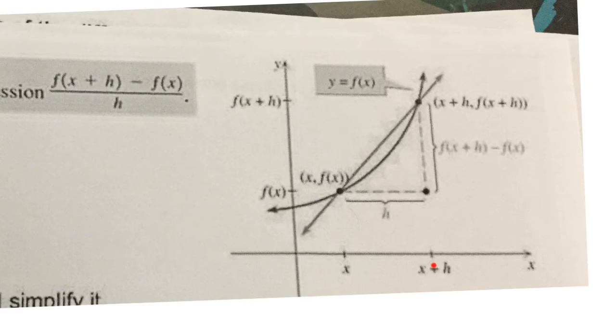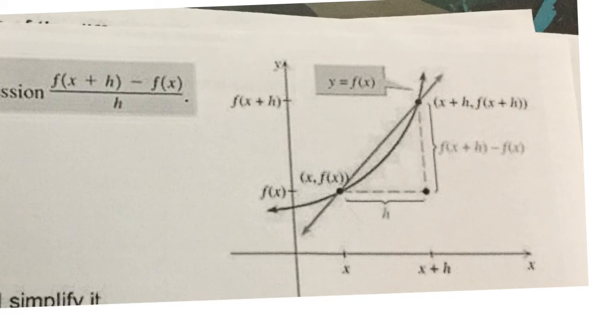So my new value is whatever the old x was plus h. So my new x value is x plus h, and when I plug in x plus h, the y value gives f of x plus h. So now my two points are x, f of x, and x plus h, f of x plus h.